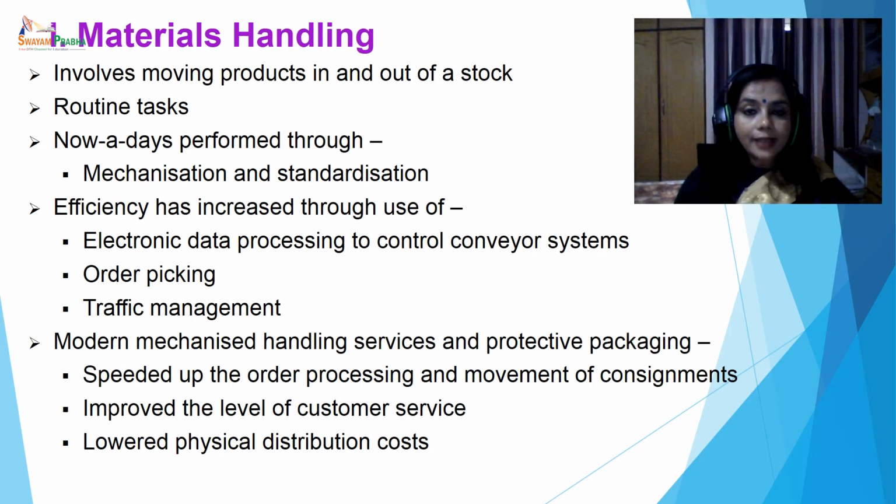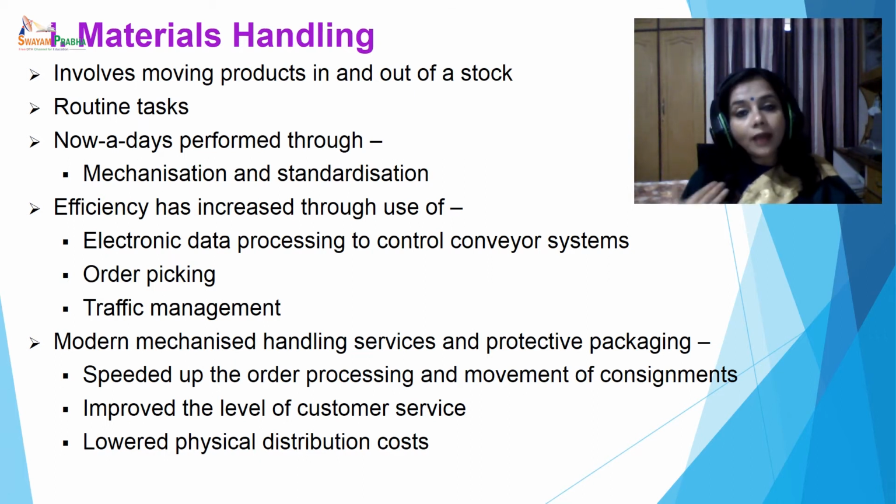The first element is materials handling. It involves moving products in and out of a stock. This is a routine task. Nowadays, they are performed through mechanization and standardization. Efficiency has increased through the use of electronic data processing to control the conveyor systems, order picking, traffic management.